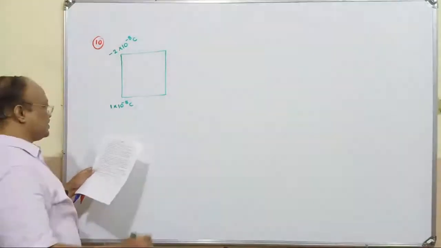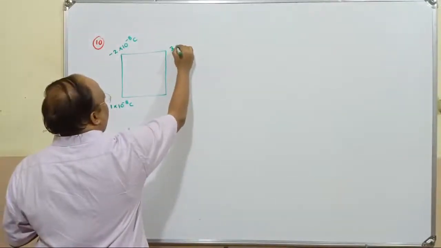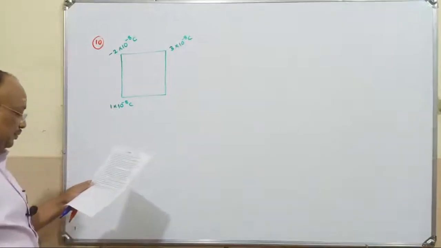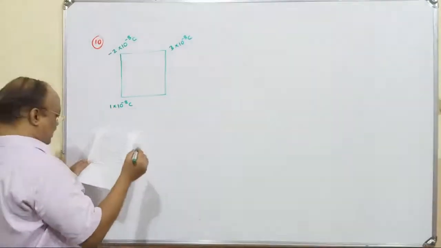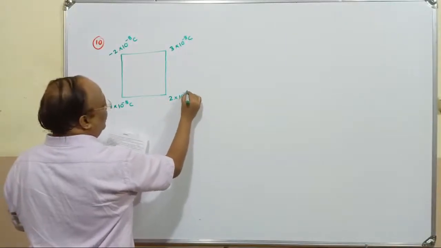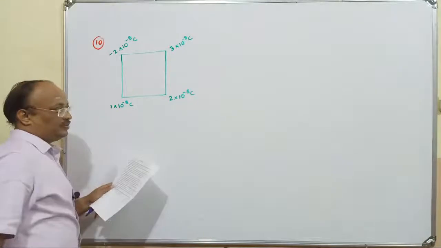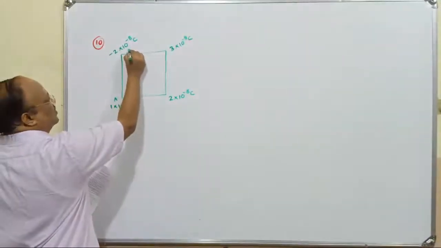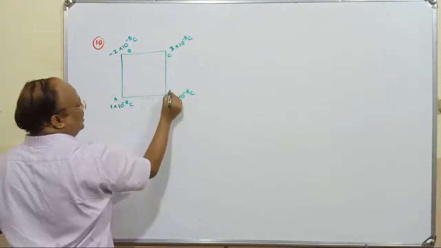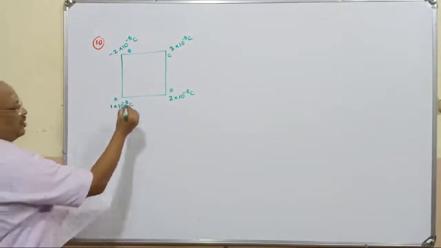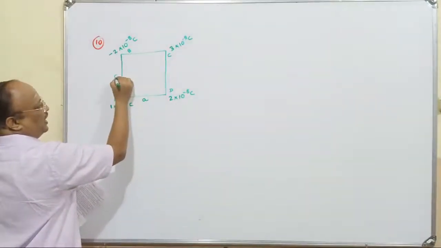Then Q3 is 3 into 10 to the power of minus 8 coulomb, and Q4 is 2 into 10 to the power of minus 8 coulomb. If I say this as A, this as B, C, and this is D.